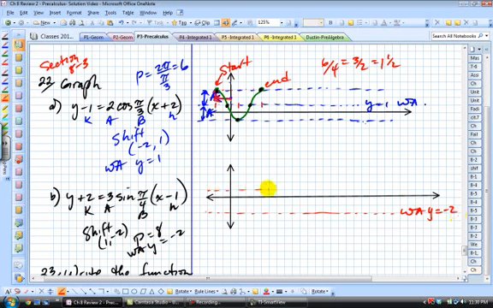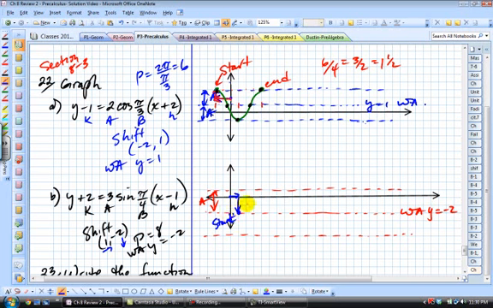Amplitude of 3, so up 3 and down 3, and it oscillates in there. Now sine would normally start at the origin, but it's been shifted 1 right, 2 down. So now I start here.